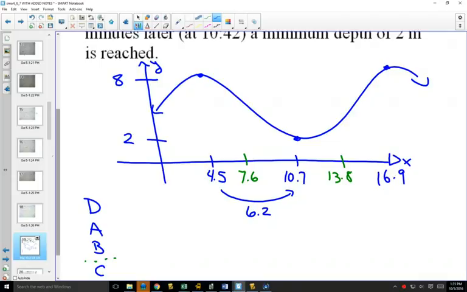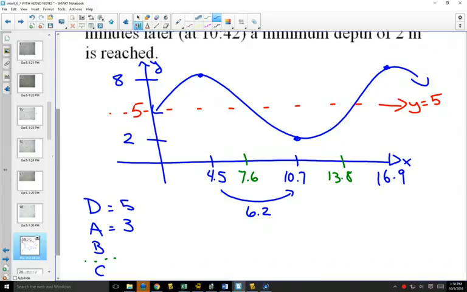What is our D value? What is our center line? It's going to be at 5. You could add 8 plus 2 together and divide by 2 to find the average between 8 and 2. Or maybe you just could eyeball it. Our amplitude then is 3, because from 5 to 8 is 3, or 5 down to 2 is 3.